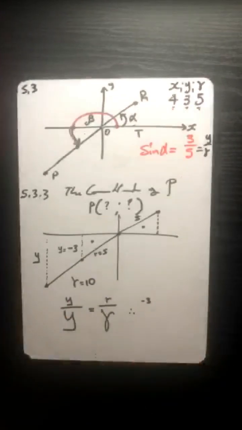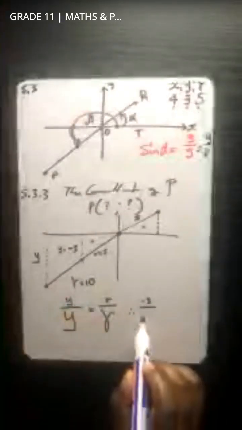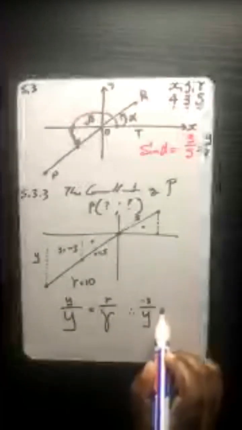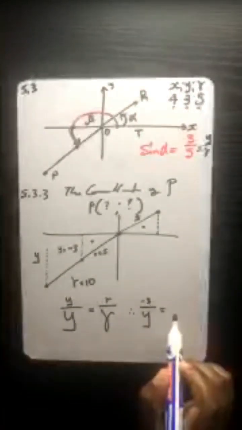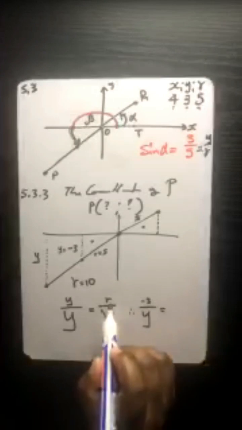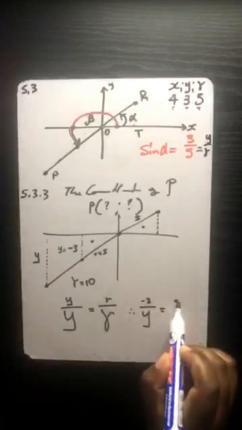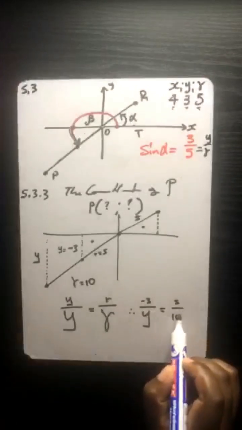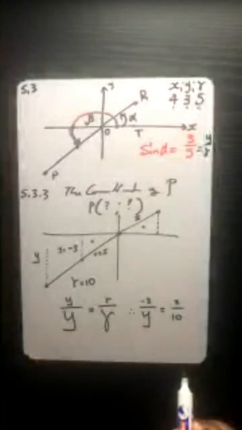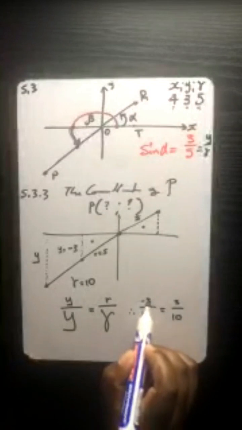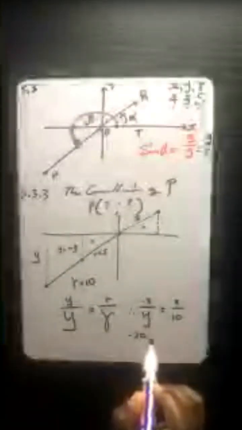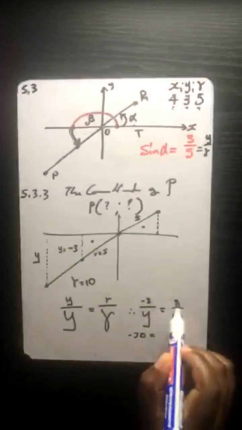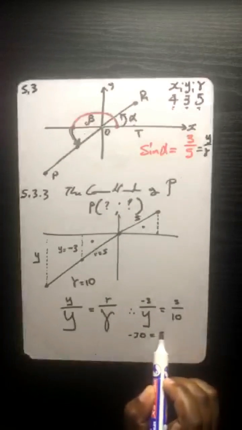Am I doing correct things here? I think so. Let's say over y of the big triangle equals, what about r of the small triangle? That is 5 over the big one, that. Yes. Then now you can cross multiply. So you're going to say that times that gives you -30 equals that times that, which gives you 5y.